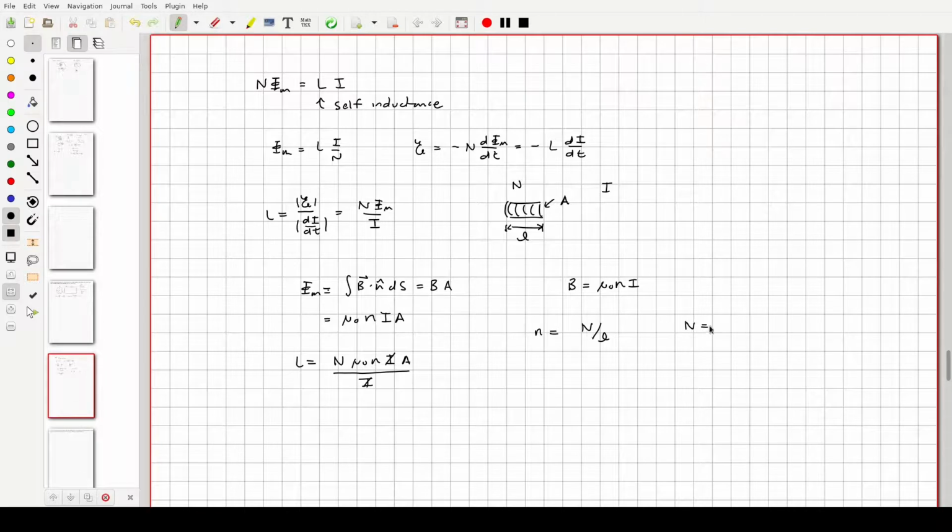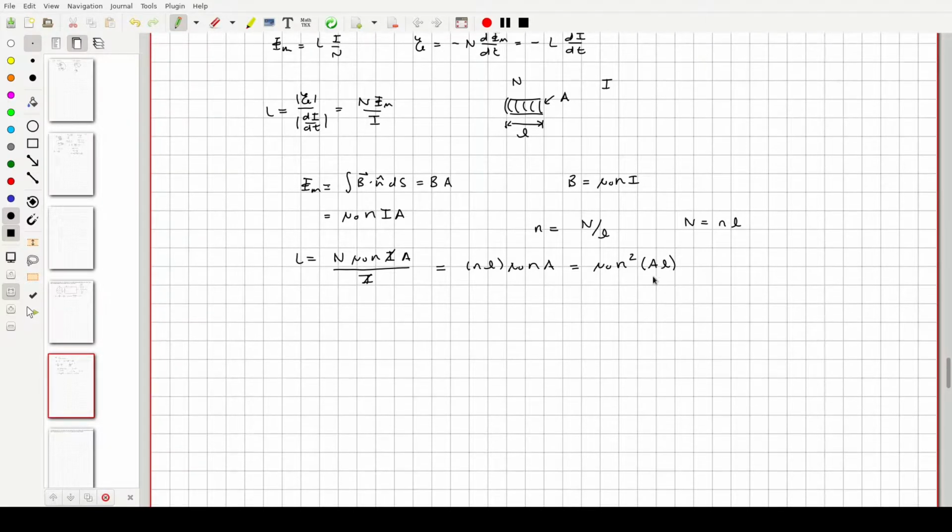So if I solve for this, big N is lowercase n times L. If I put that in, I have lowercase n times the length times mu naught lowercase n times A. Now you notice we have two n's: mu naught lowercase n squared. And then what I'm going to do is pull the area and the length together right here. So this is a volume. We can write it as capital V for volume.